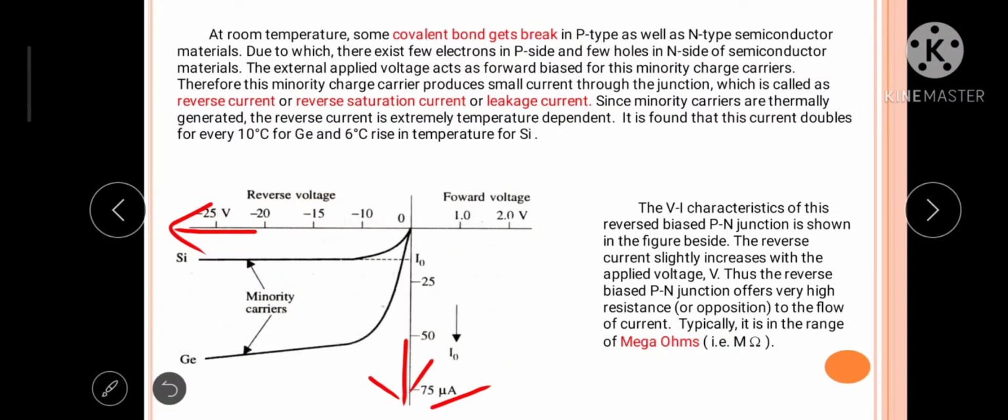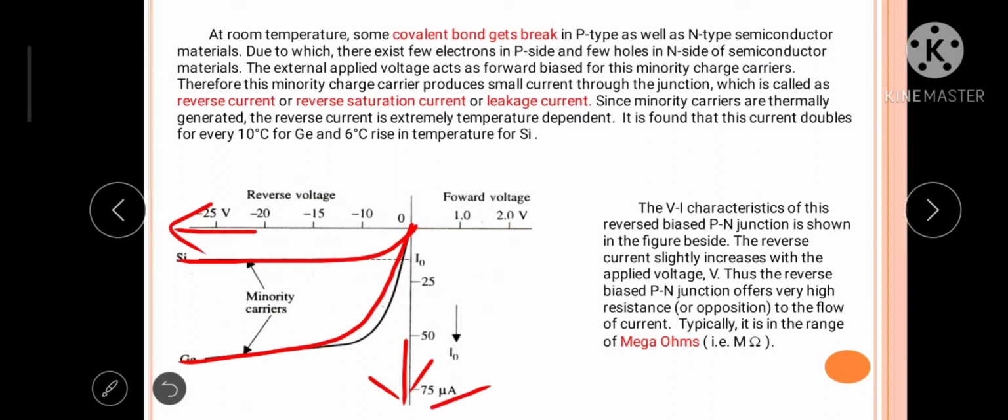The reverse current slightly increases with the applied voltage. If we take the case of silicon material, then this current changes very slightly, and we can show it like this for silicon material, and the same current can be shown like this for germanium material.